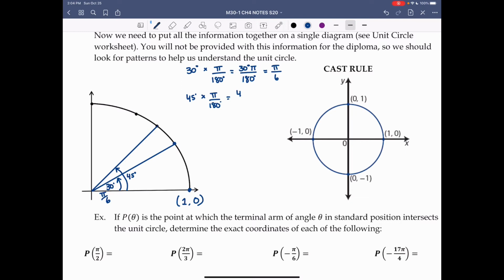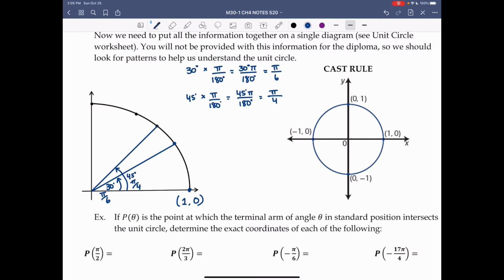Divide top and bottom by 45. We get pi over 4, since 45 times 4 is 180. So the radian measure for 45 degrees is pi over 4.